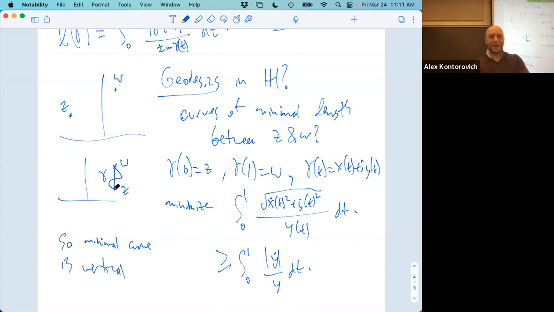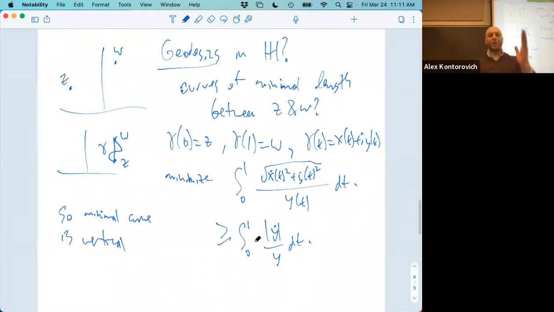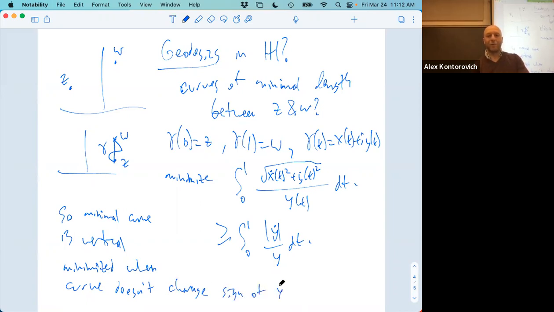The other thing is that this absolute value is, if the derivative is always positive, say, minimized when I don't turn around, when the curve doesn't change direction, doesn't change the sign of y prime.